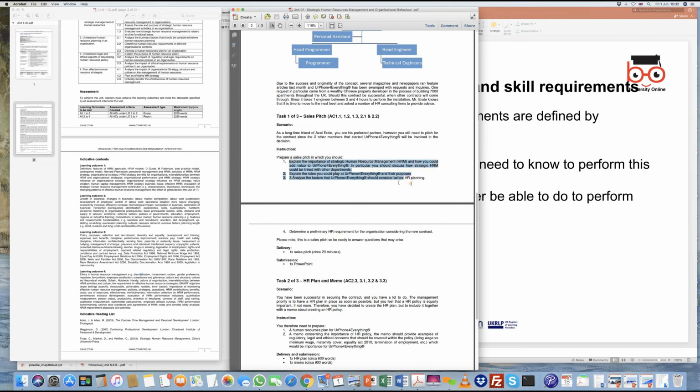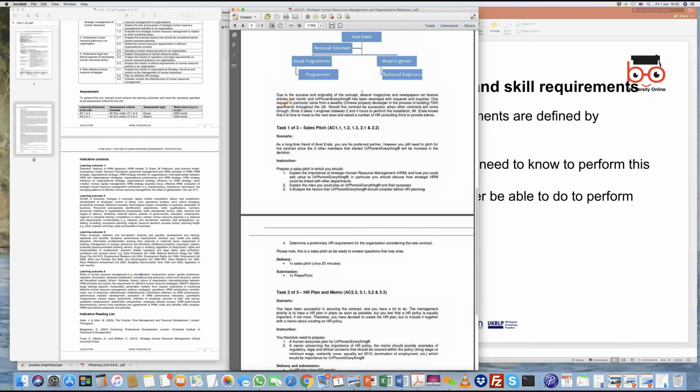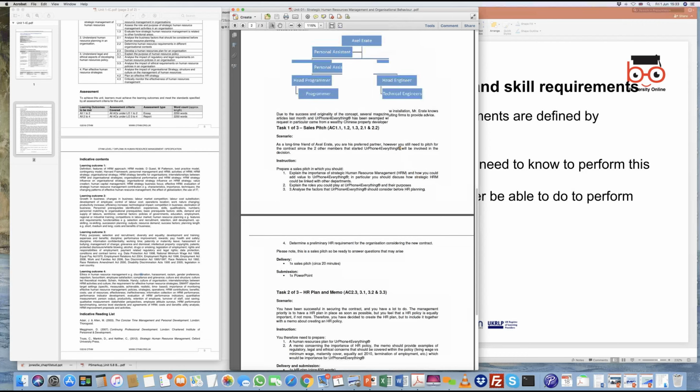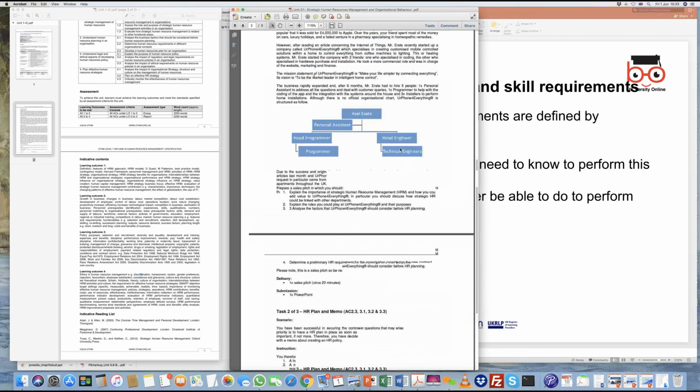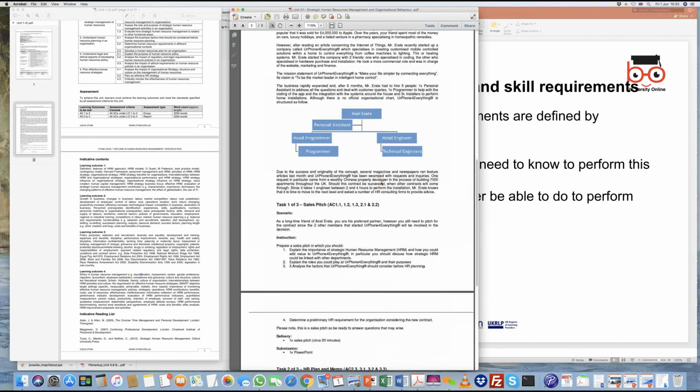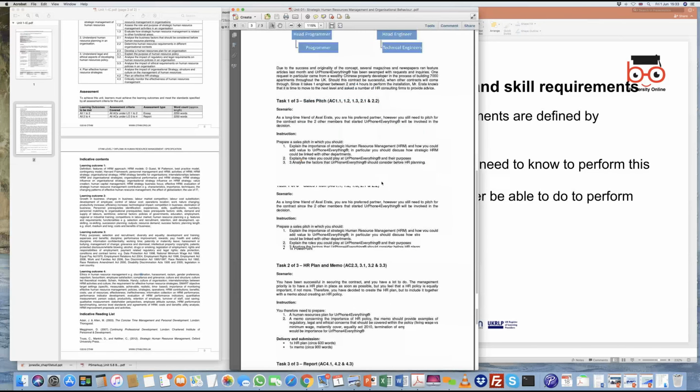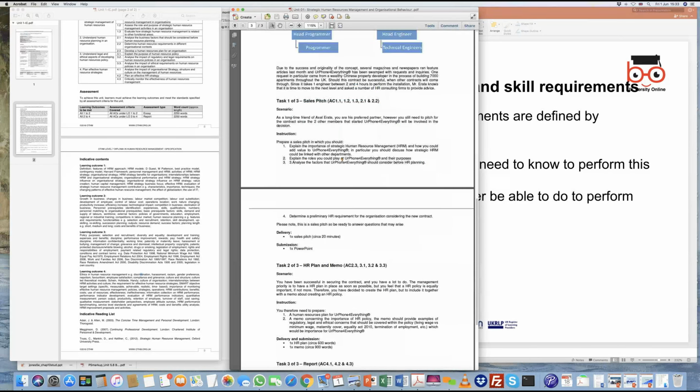For example, explain the importance of HRM within the context of the company that was sold. You look at explaining your role as an HR manager in the company, and then you pick 2 or 3 factors of how you would do HR planning for this company.